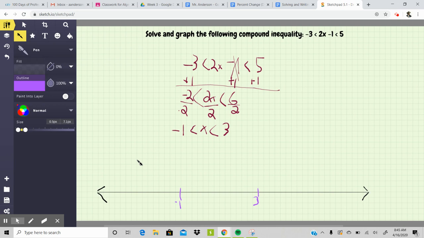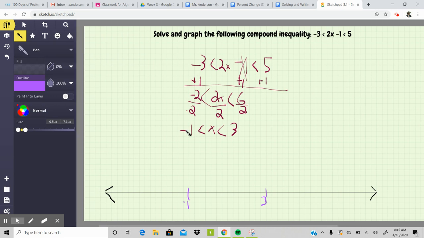Now I have to walk myself through this. So this is saying -1 is less than x. If you look, x is like where our solution is, and x is on the greater than side of this inequality symbol. -1 is less than x, so x is going to be bigger than -1.